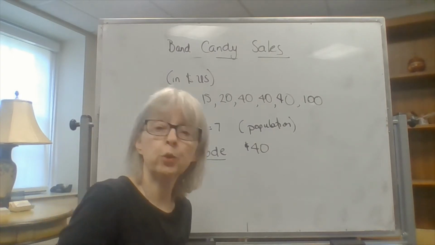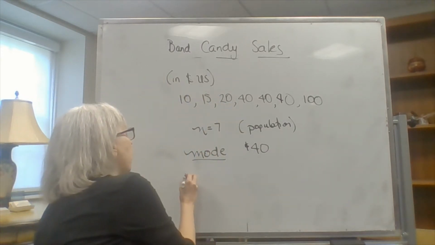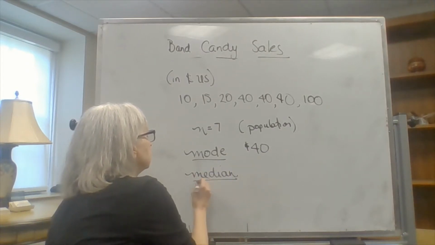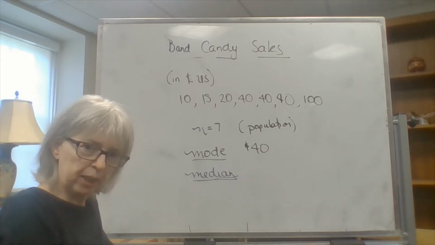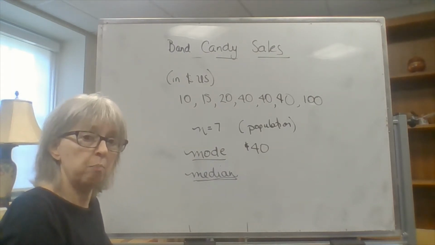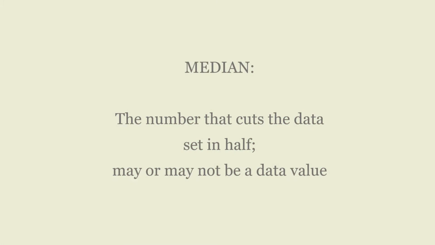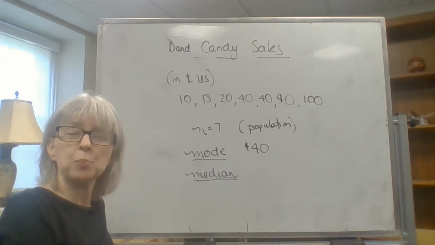Another number that we might use to describe our set of data, if we want to go out and talk about what our 7 trumpet players did for us in terms of band candy sales, is the median. The median goes by many names.